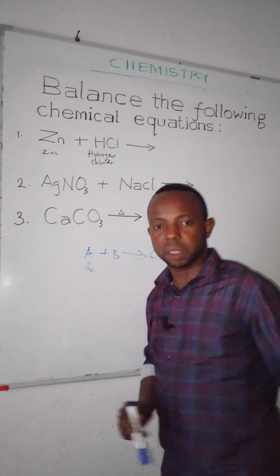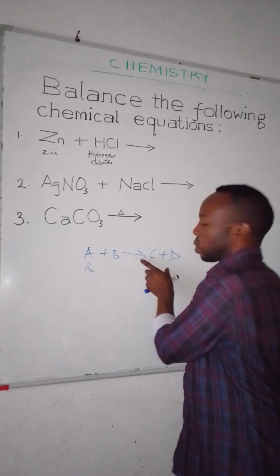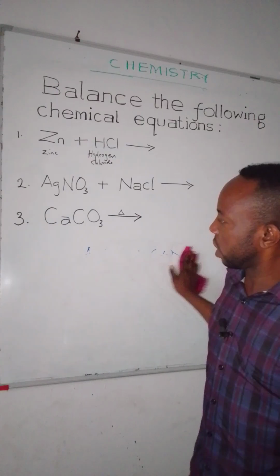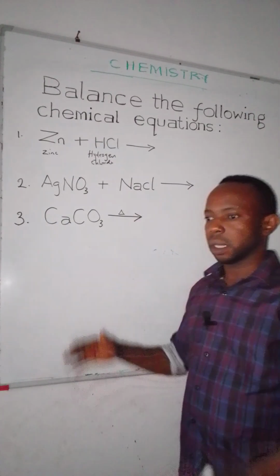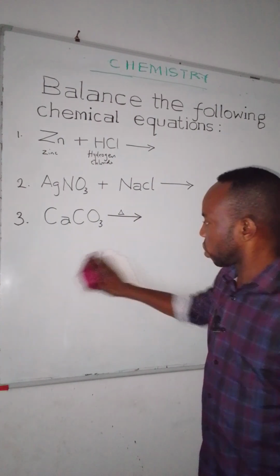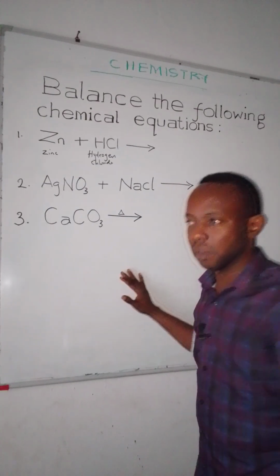Now, it is important that what you have at the reactant side must be equal to what you have at the product side. This is in line with a law known as the law of conservation of matter, which states that matter is conserved at the end of a reaction, that matter is not destroyed or gained. You will not gain extra matter or lose any matter, it is conserved.